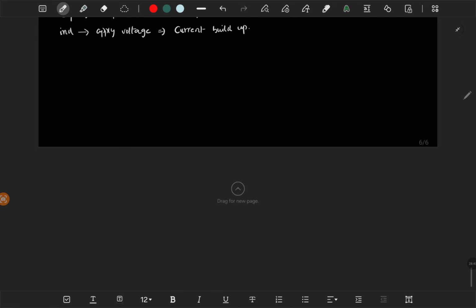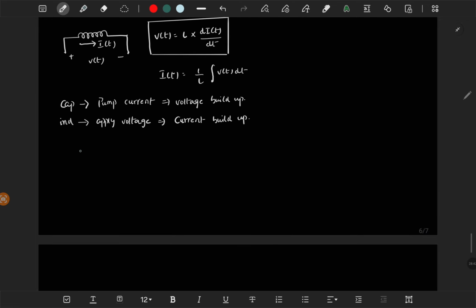If you have n inductors in series, then the equivalent inductance is L1 plus L2 plus and so on Ln.